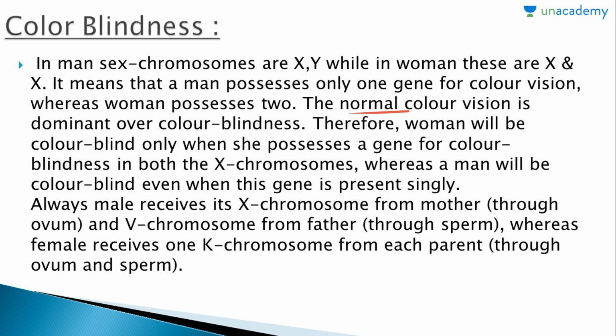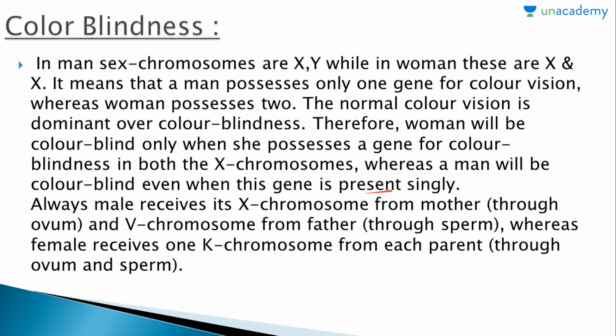Now the normal color vision is dominant over color blindness. Therefore, a woman will be color blind only when she possesses the gene for color blindness on both X chromosomes, for which her father must be a diseased person and her mother must be a carrier at least. Whereas a man will be color blind even when this gene is present singly.